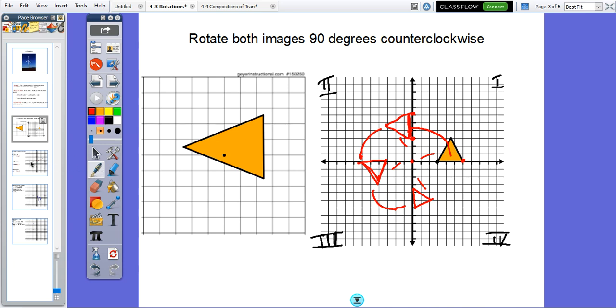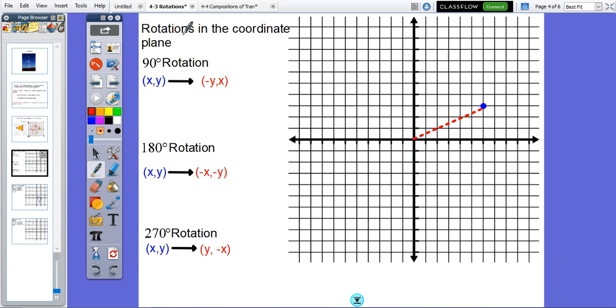Now when we're looking at rotations on a coordinate plane, I just forgot to say that word, coordinate plane, when we look at these 90, 180, and 270 rotations, we are rotating around the origin right here.